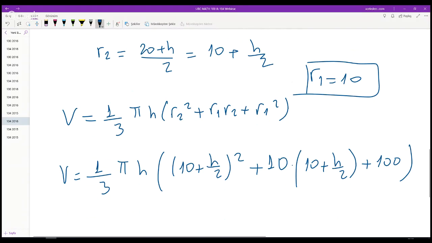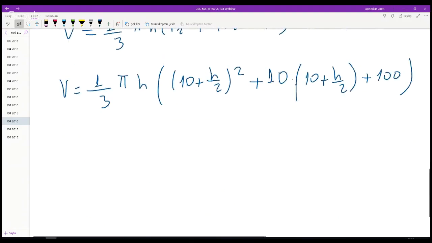This is a hard question, so please tell me if everything is okay. So what I do is let's try to make the right hand side simpler. So pi over 3 h, and I multiply by h.